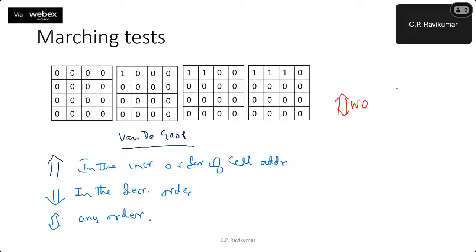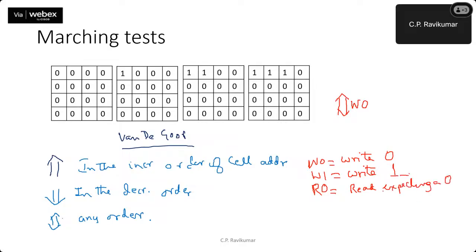W0 means write 0. W1 means write 1. Read 0 means read expecting a 0, and compare to see whether it is 0.